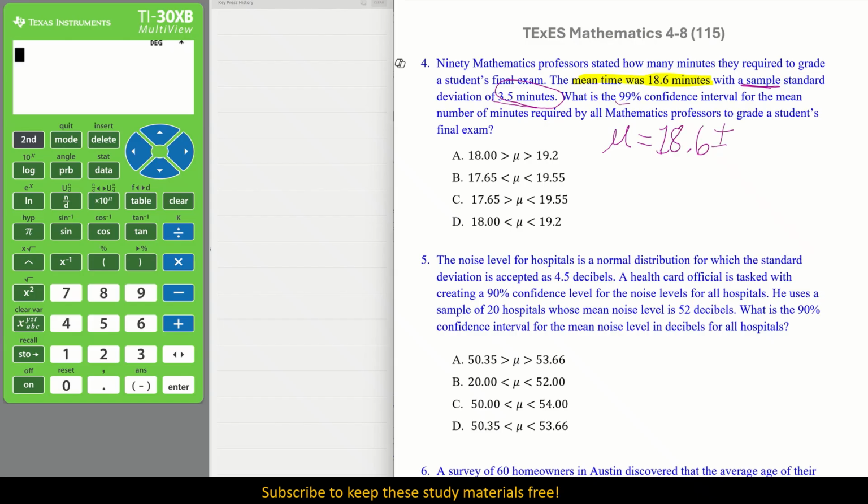So we know that we have mu equals the 18.6 plus or minus. Now, we have a 99% confidence interval. That means we need our z-score, and that is 2.575, which I got off that chart.